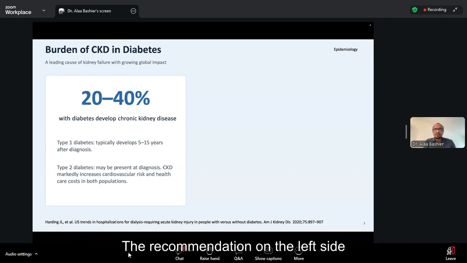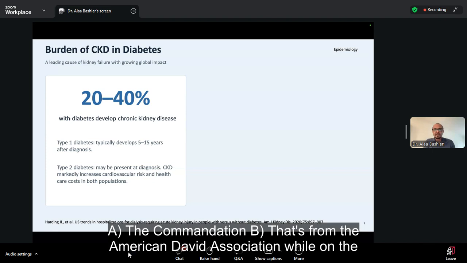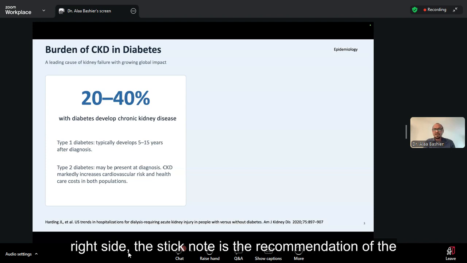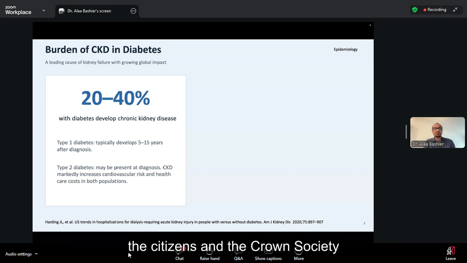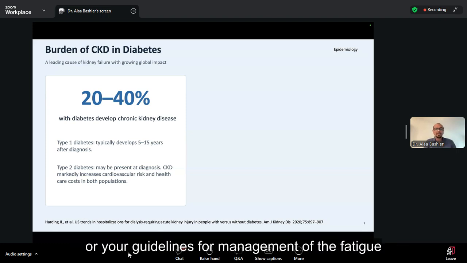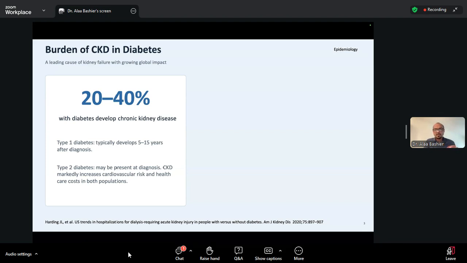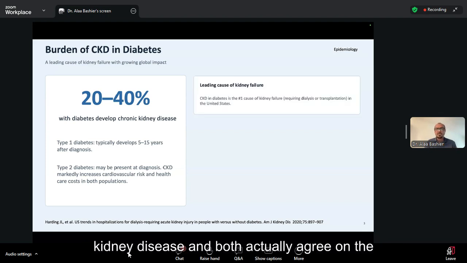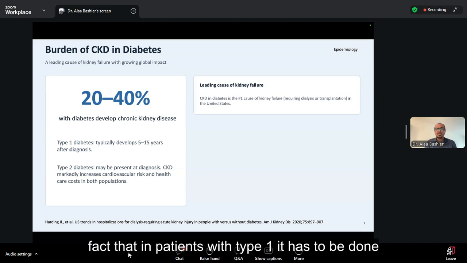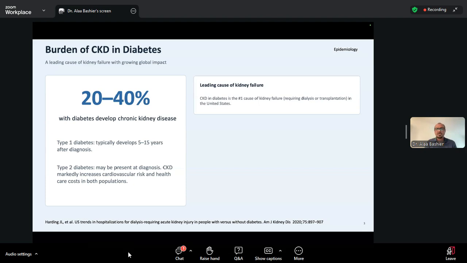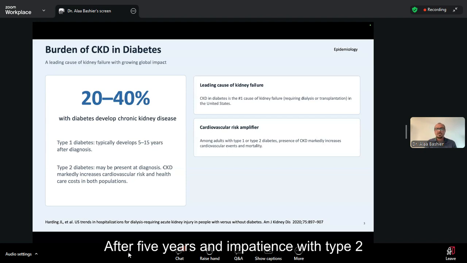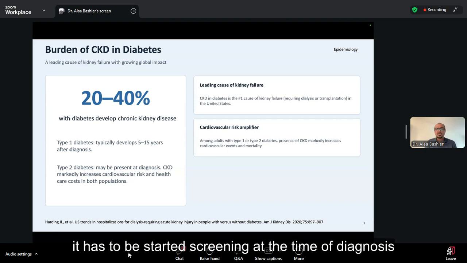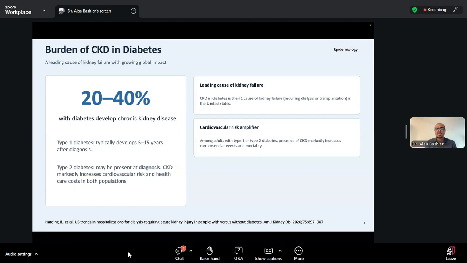The recommendation on the left side, recommendation B, is from the American Diabetes Association, while on the right side, the sticky note is the recommendation of the Emirates Diabetes and Endocrine Society, the UAE guidelines for management of diabetic kidney disease. Both agree that in patients with type 1, it has to be done after 5 years, and in patients with type 2, screening has to start at the time of diagnosis.